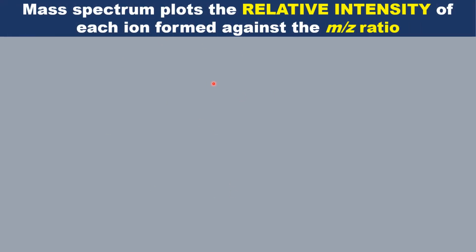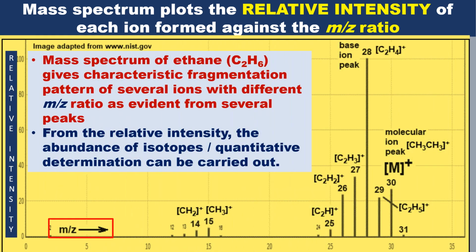Let us now see the mass spectrum of ethane. In mass spectrum, the relative intensity of each ion is plotted against M by Z. See, the relative intensity is plotted against M by Z. So, mass spectrum plots the relative intensity of each ion formed against the mass by charge ratio.